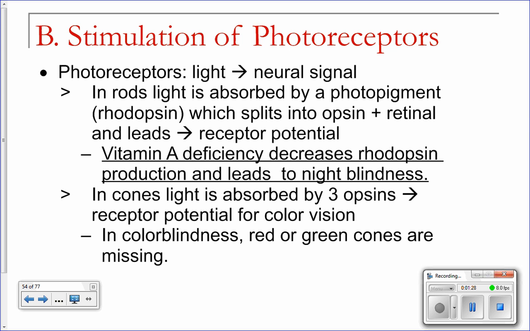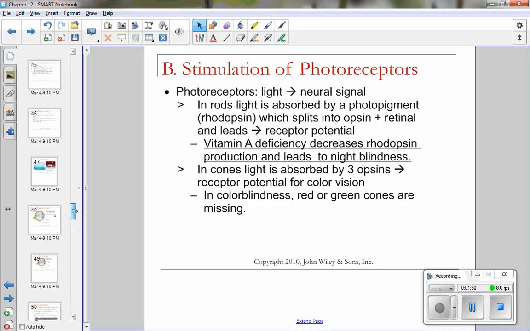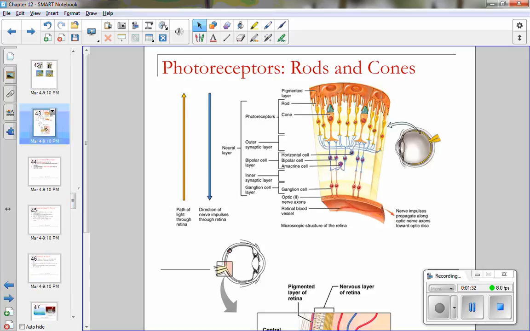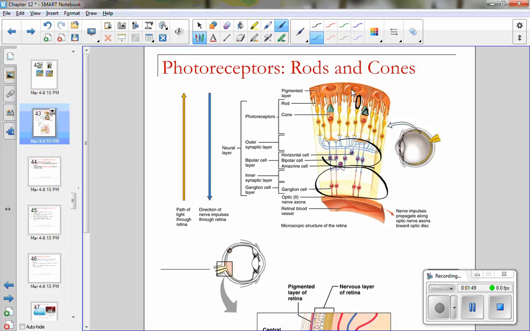And if you remember, here's what your retina looks like. Here are your rods and cones, here's your cone, then you've got a bipolar cell layer here, and your ganglion cell layer here. So the light comes in, hits the rod, splits the rhodopsin, a series of chemical changes causes the signal to be sent from the rod to the ganglion cell, or sorry, the bipolar cell.